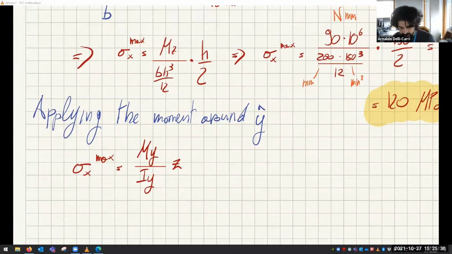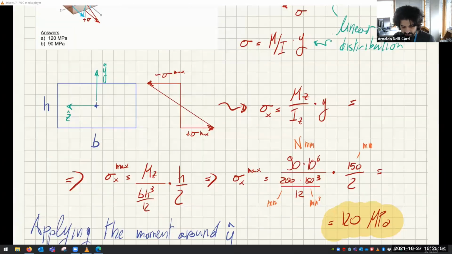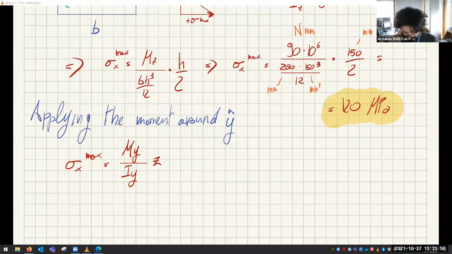Now, how do you know? It's always easy. You look at this: this is the direction of the stress, this is always the direction of the moment, and so whatever is left. Sigma x, y, z. Look at this one here, x and z, so I have to use y. You must always have a complete set of coordinates. All right, so let's do this calculation, and this becomes my, which is the same.